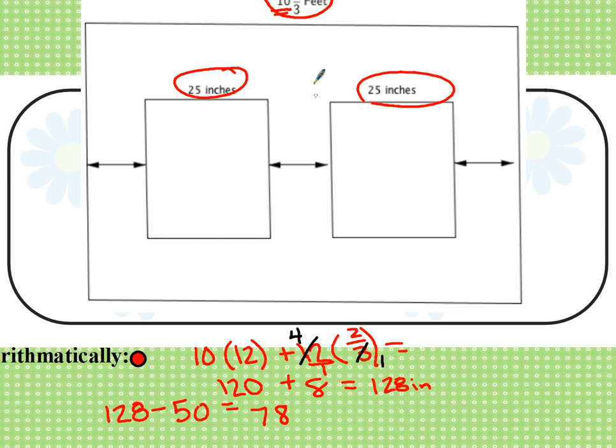And now we need to take the 78 divided by my 3 spaces. So 78 divided by 3. And 78 divided by 3 is 26 inches. Now, that's arithmetically. We didn't have any x's in there, right?